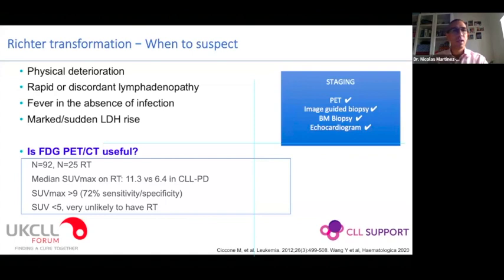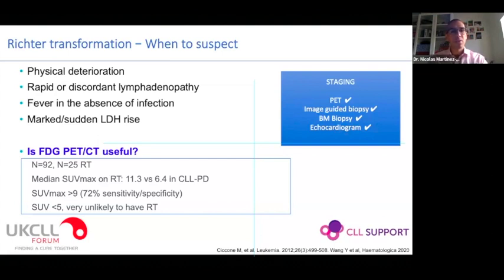And the next question is whether the FDG avidity on the PET scan can give us any meaningful information. In this study, the median SUV value for Richter's was 11, whereas it was nearly half, 6.4, for CLL in progression.